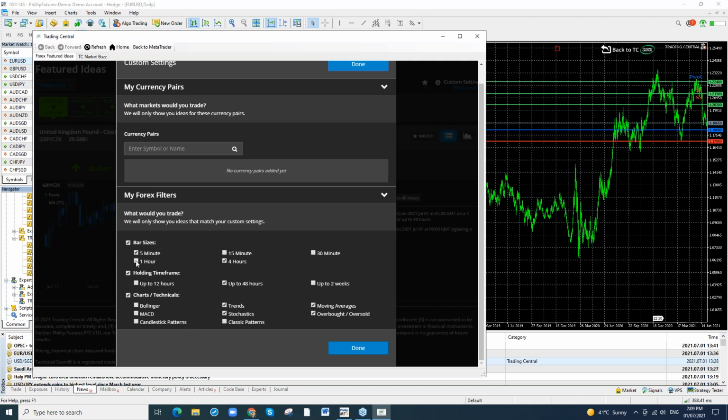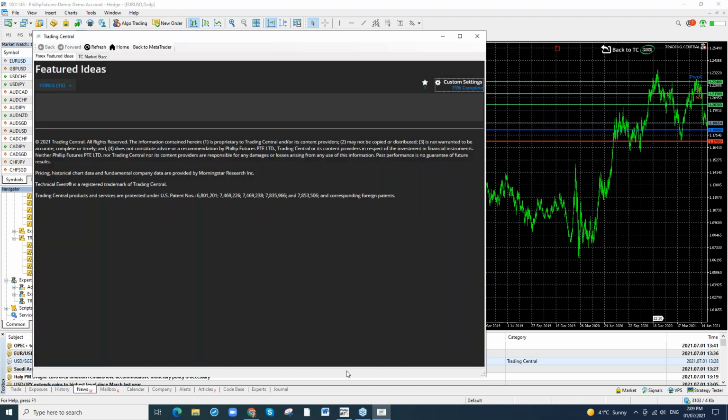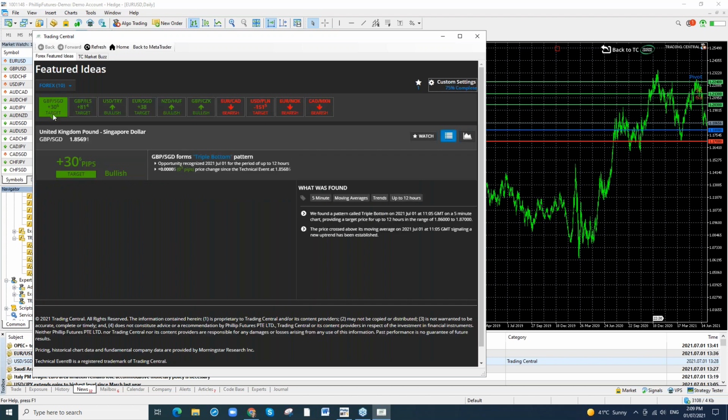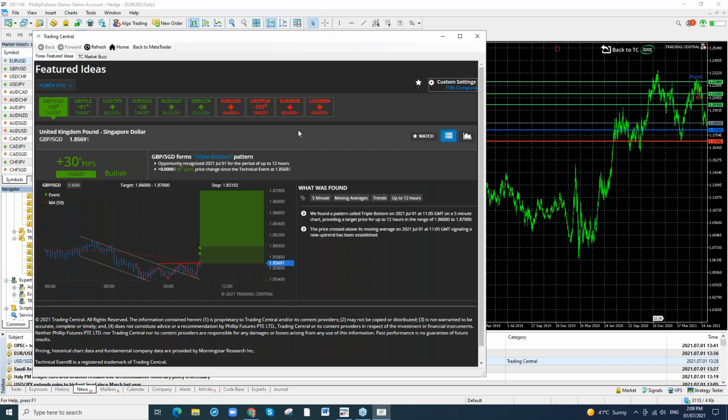And note that every time you change the criteria, the top 10 ideas will be different. So now it will refresh the page and you will see different ideas. And when you can see, for example, this kind of pattern, which is a classic pattern, is a very strong sign here for bullish, you can see.